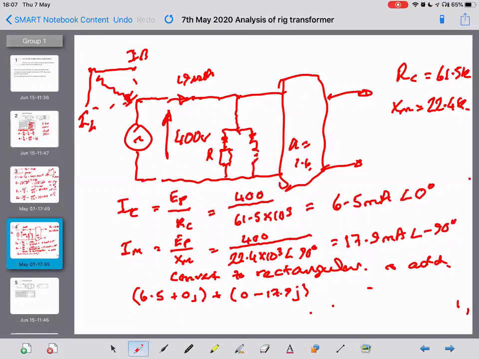Okay, you're happy with that? So we've got 6.5 minus 17.9 J. Convert that back to polar. My calculator's in radians.